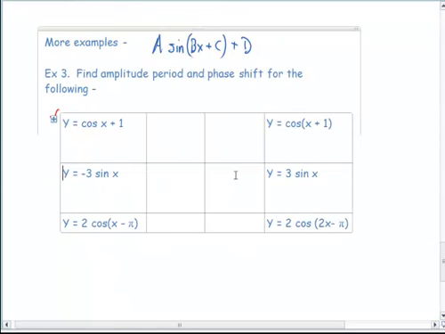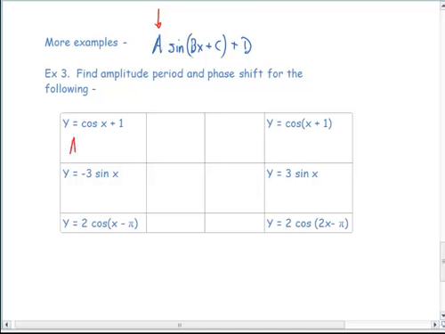Let's look at some more examples. Here we have a chart, and the chart has a variety of different trig functions, all with different a, b, c, and d values. Remember, if the coefficient a doesn't seem to be there, the a value would be 1. So for example, in this function, the amplitude is 1. There's a multiple of 1 for the b value, so the frequency would equal 1 in that case. There are no parentheses.